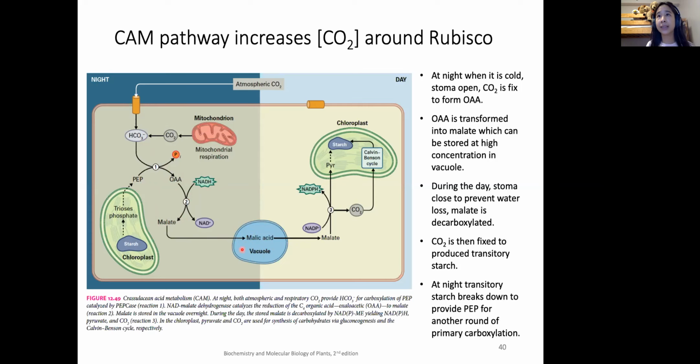This malate can be stored as malic acid in the vacuole. And this malic acid during the day will be released from the vacuole and become malate. And this malate can be oxidized.